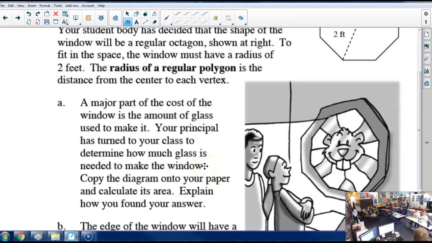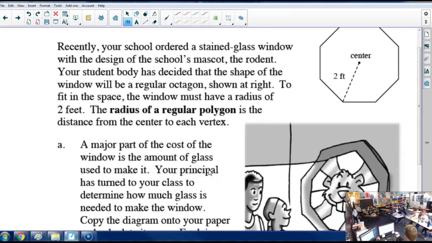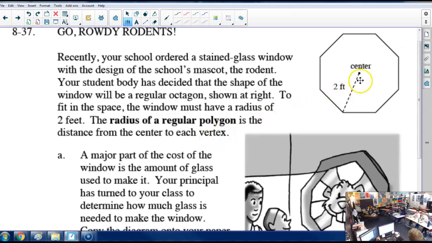Hey, here's probably our final problem of the day. The rowdy rodents would like to make a stained glass window for their student commons. Yes, of course, I'm manipulating this to make it work with us. They know that from the center of the window out to one of the vertices of their octagonal commons room window is 2 feet. Pretty big window.